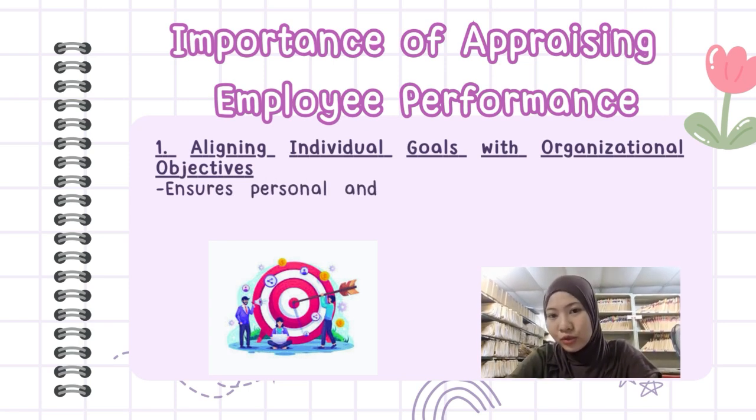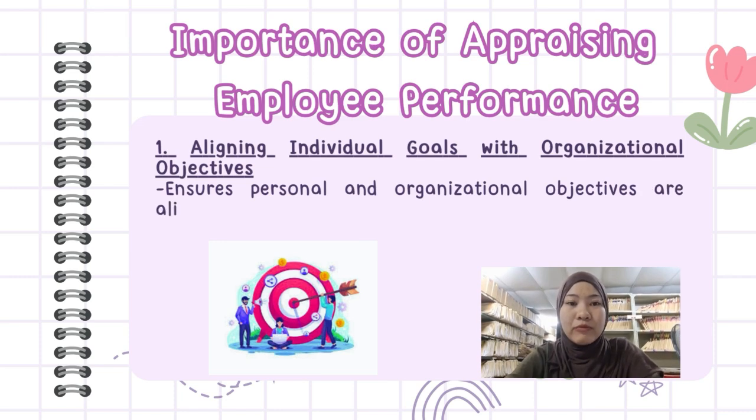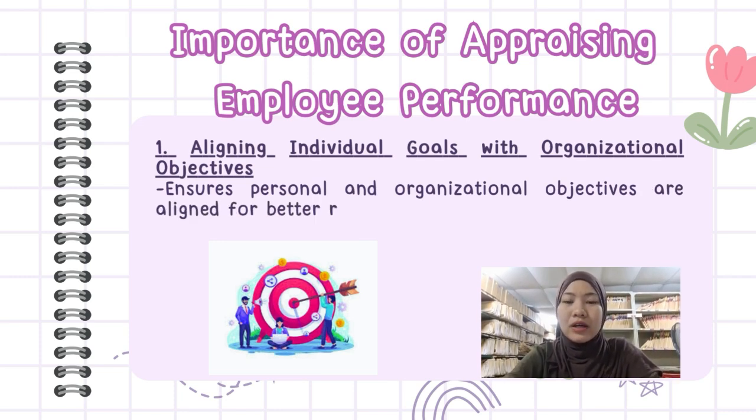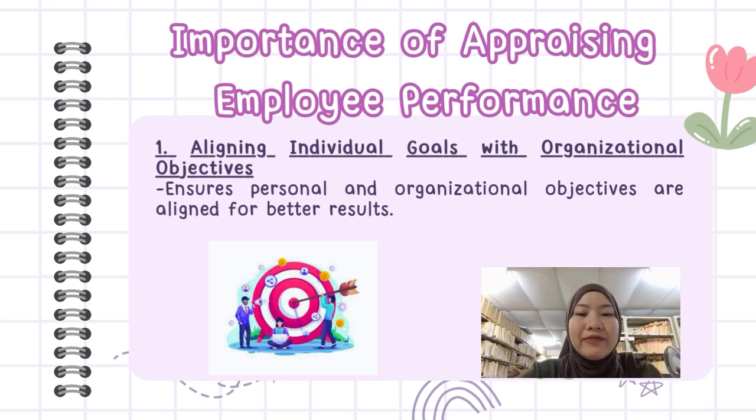Next, I would like to continue with the importance of appraising employee performance and how it drives organizational performance. First importance is aligning individual goals with organizational objectives. It is to ensure personal and organizational objectives are aligned for better results.